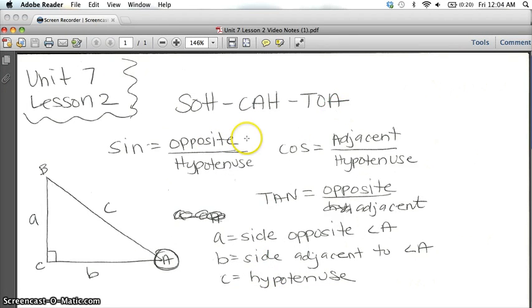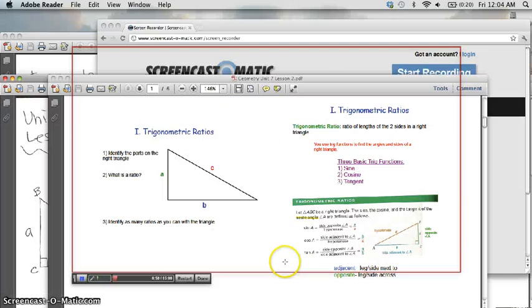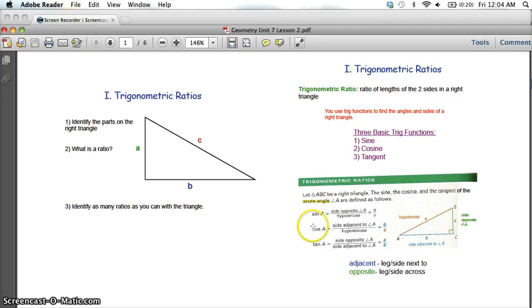Now, what does that stand for? Well, let's go back to our notes. So our sine of A is the side opposite over the hypotenuse. So what does that look like?